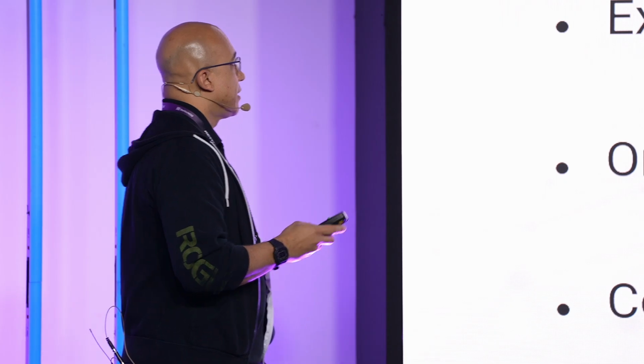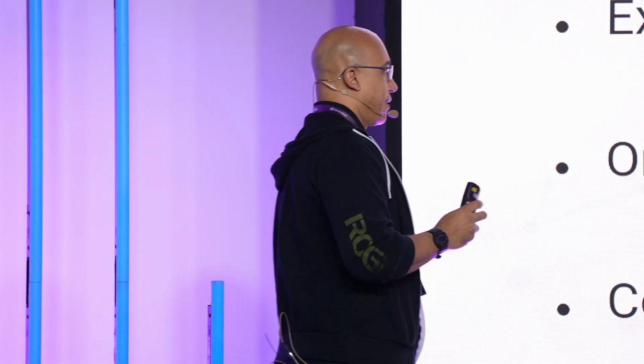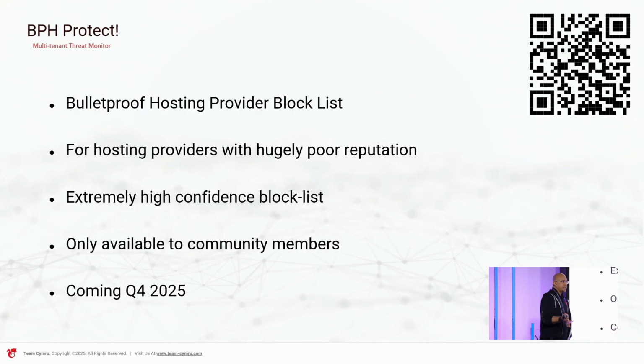And then lastly, by working with a lot of the poor reputation hosting providers over time, we've worked with them to help them not just be labeled as a bulletproof hoster, but to identify the IPs that the rest of the world may not want a lot of communication with.